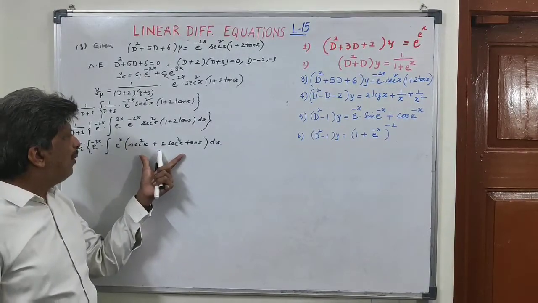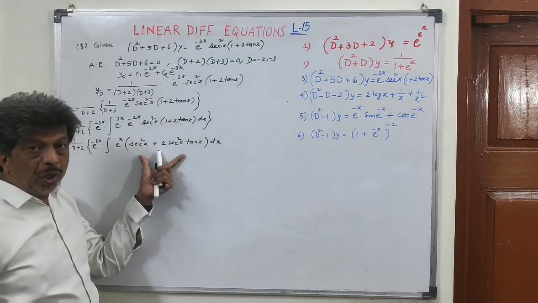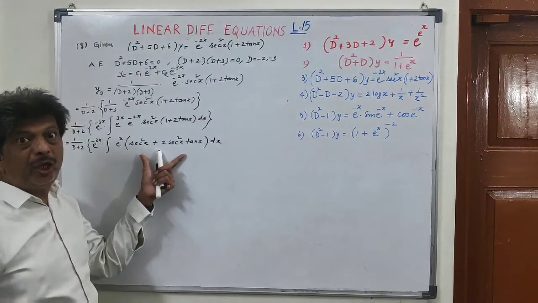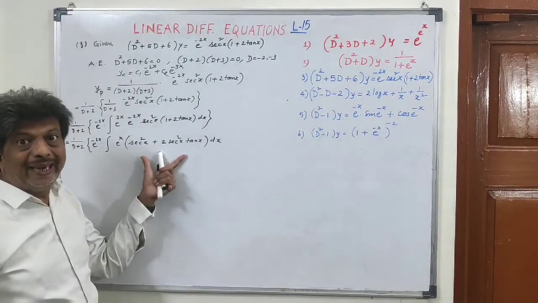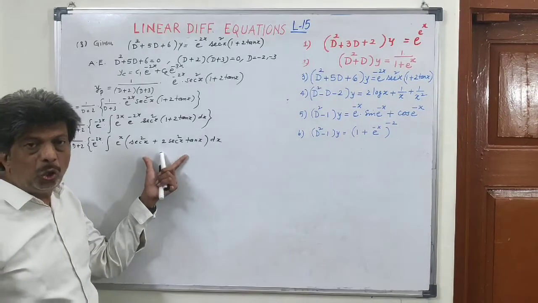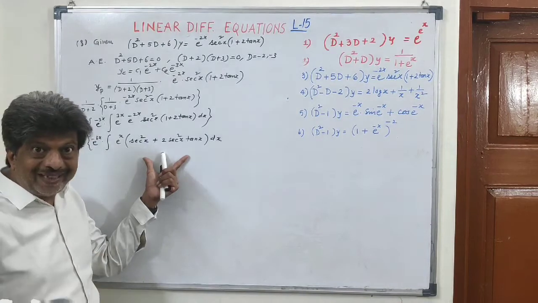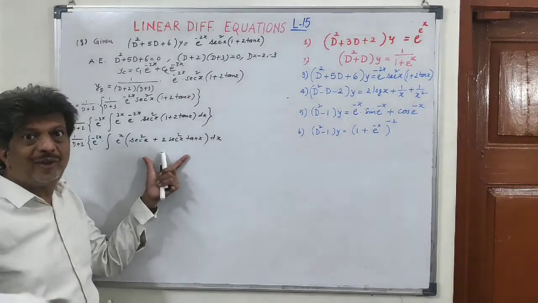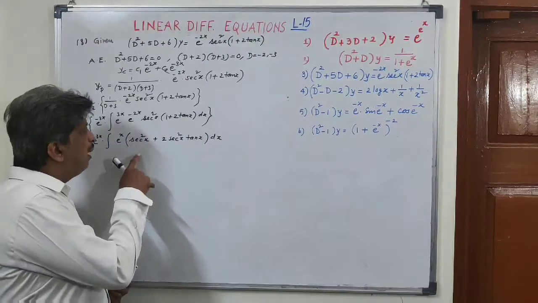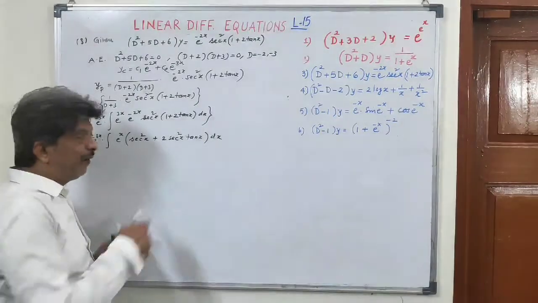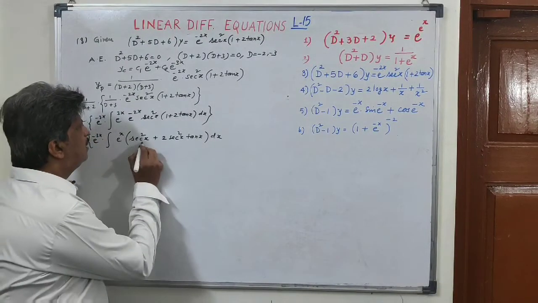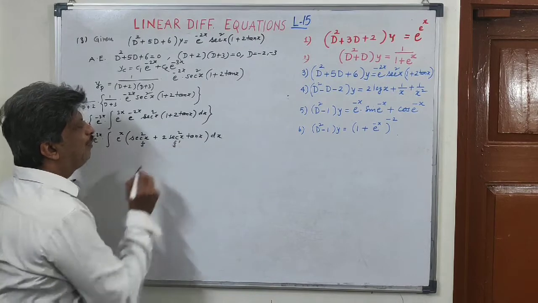Why have I written it like this? Because what is the derivative of sec square x? Derivative of sec square x is 2 sec x into sec x tan x. 2 sec x into sec x tan x is 2 sec square x tan x. So this is f of x and this is f prime of x.